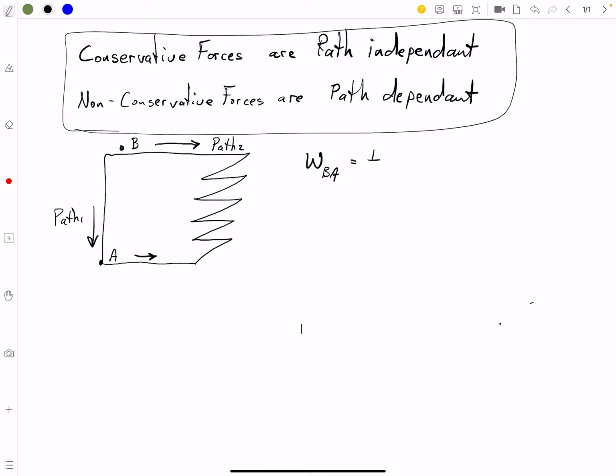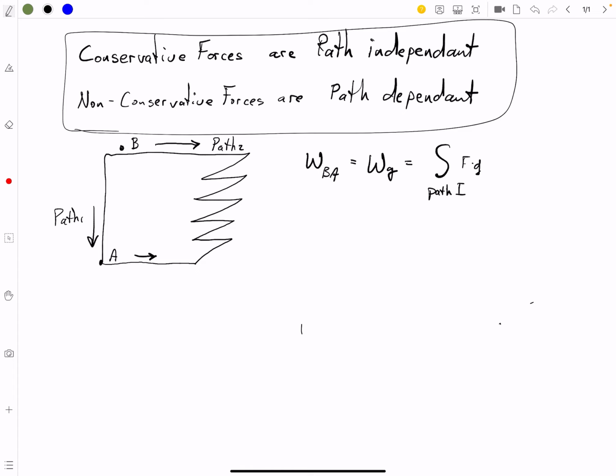So this is totally our work done by gravity. So work by gravity, and that's the integral of path 1, force of gravity.